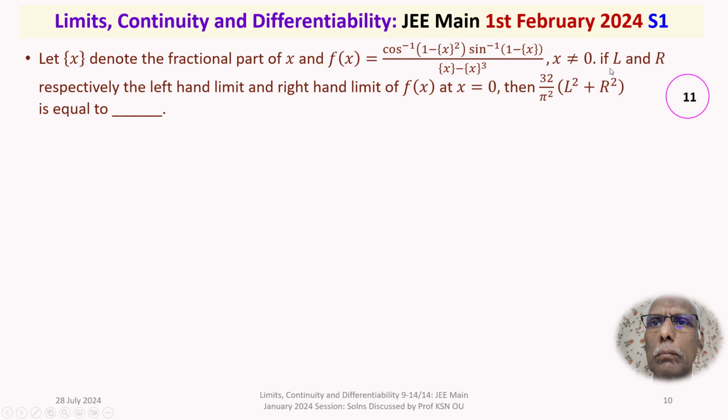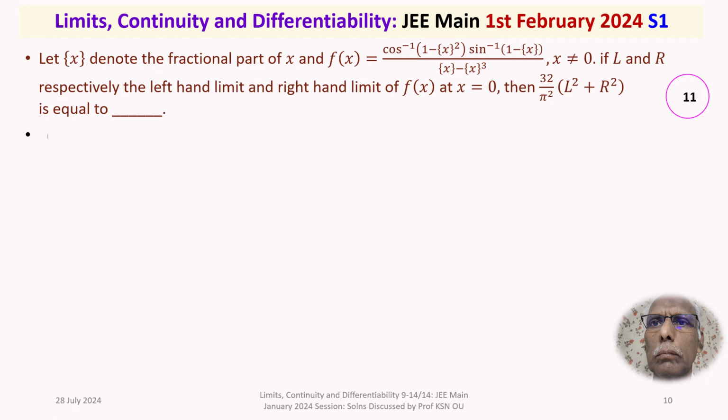If L and R respectively denote the left hand limit and the right hand limit of f(x) at x equal to 0, find the value of 32 by pi square into (L square plus R square). Right.